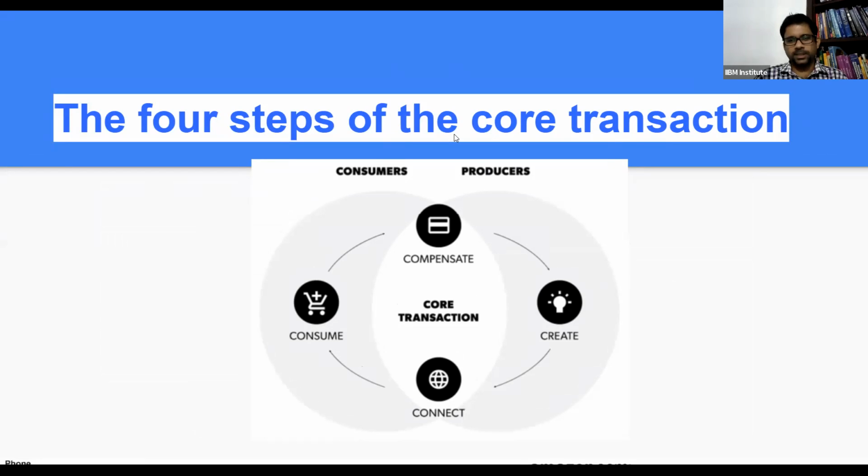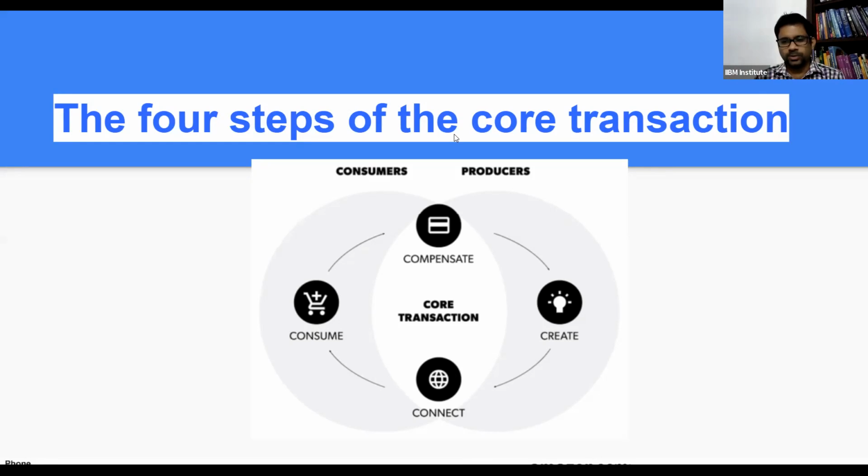So basically, compensate and connect, these 2 features are with the platform. And create means the producer side, or for simplicity, you can say the seller side. And the consumer side is the consumer.